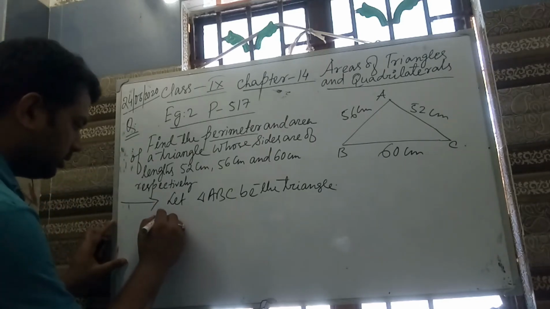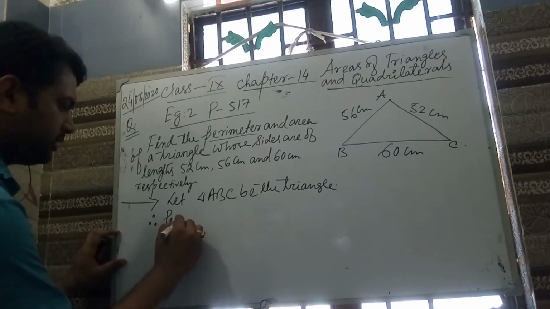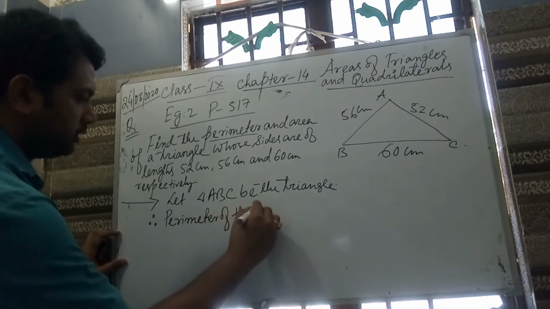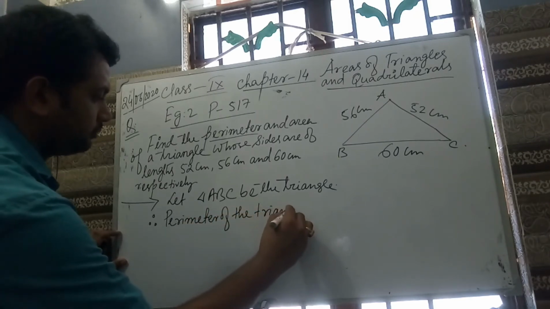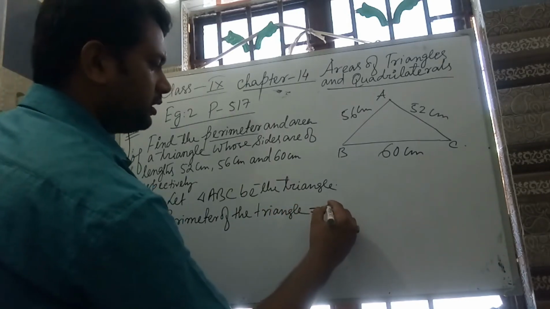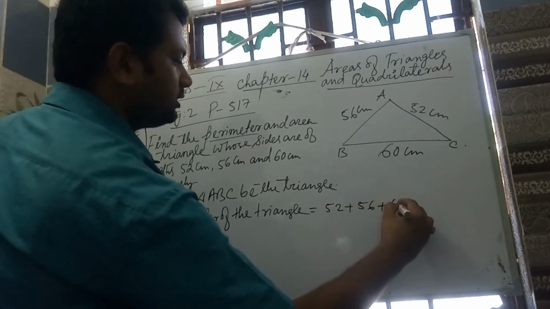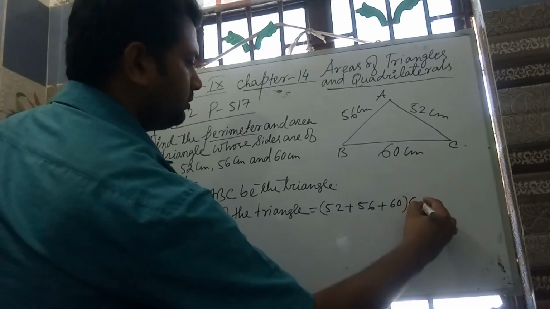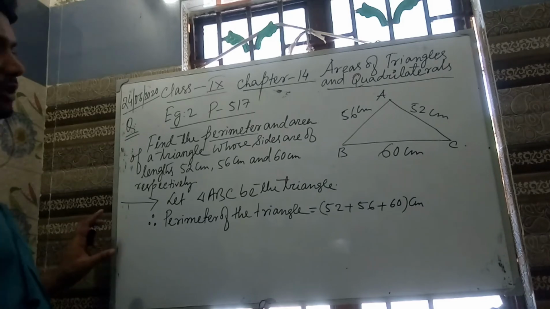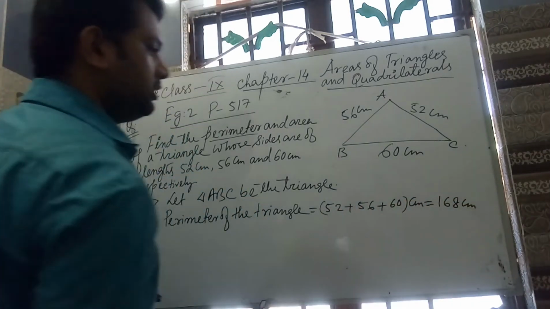So perimeter of the triangle will be 52 plus 56 plus 60 centimeter. Sum them up, it will be 168 centimeter.